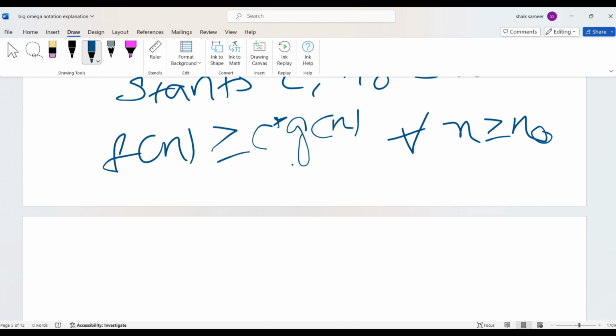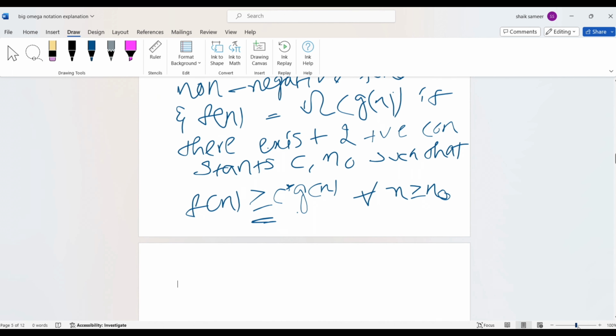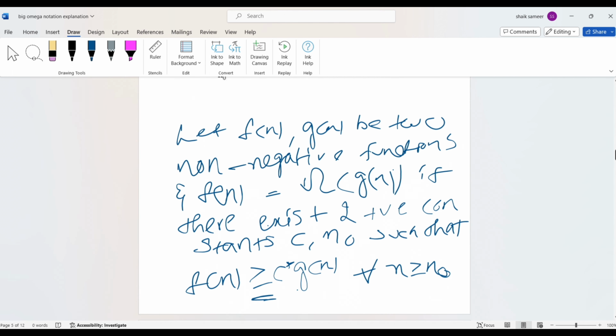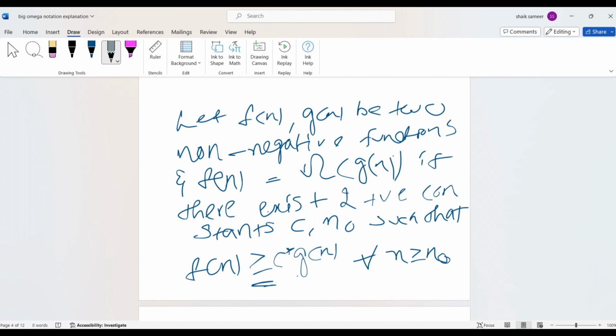In big O notation, f of n is less than or equal to c into g of n. Here f of n is greater than or equal to c into g of n. That difference changes. In the complete definition, we take two non-negative, that is positive, functions f of n and g of n. Here f of n equals big omega, this is the omega symbol.